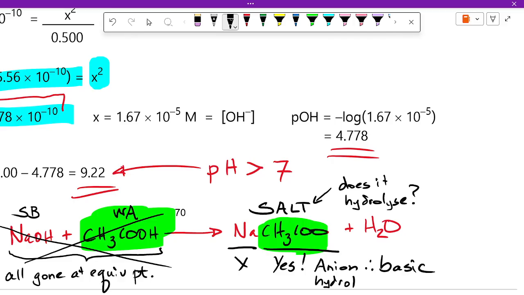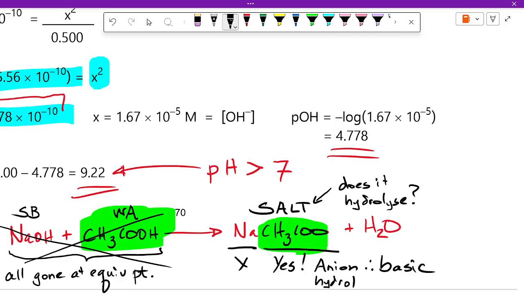No. So if you're doing a multiple choice question and it's like, is the pH going to be greater or less than or equal to 7? You can just say, strong base overpowers the weak acid, therefore it is basic, and it doesn't matter because you haven't explained anything, you've just used that as a little memory tool. Yes? Memory tool is different than explanation. If you were to explain, you would say we produce the salt NaCH3COO, and CH3COO undergoes hydrolysis. I would write the hydrolysis reaction and show that it produces hydroxide, so therefore it is basic.